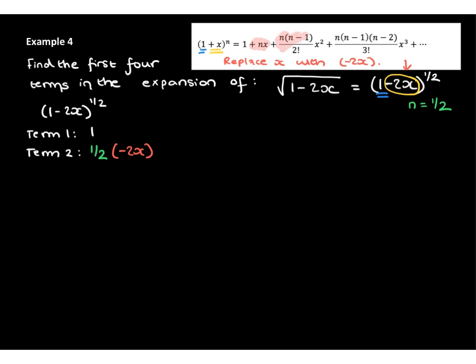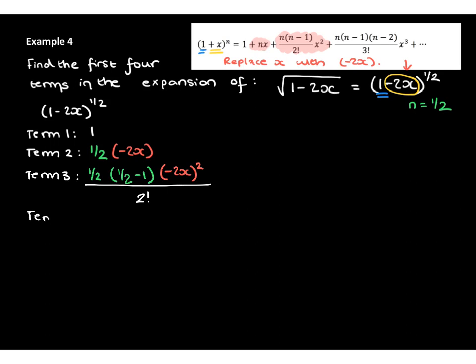We're now going to take a look at this term here, which is a little bit more complex. So that's my term 3. So this is n multiplied by n minus 1, which I'm going to write as a half minus 1 for the moment, and then I'll just input that into my calculator. This is multiplied by negative 2x to the power of 2, and it's all divided by 2 factorial.